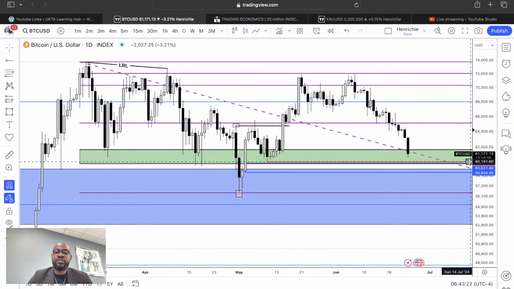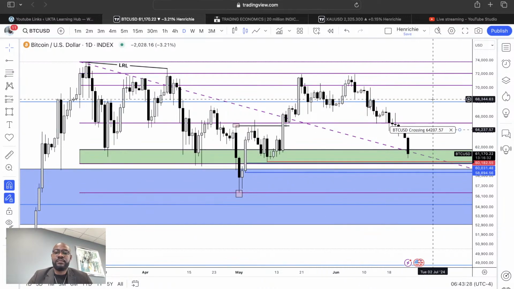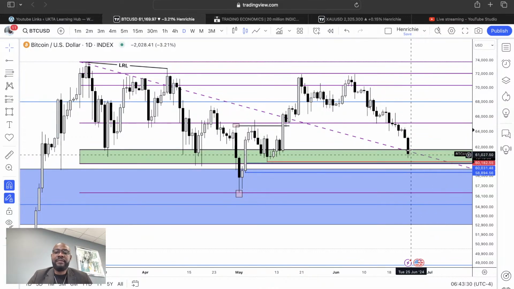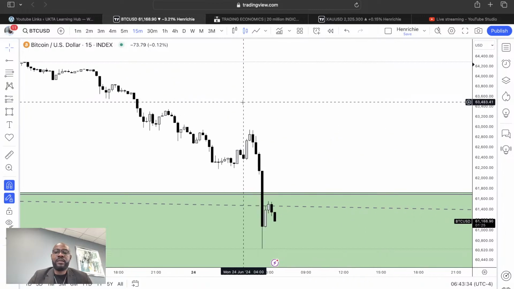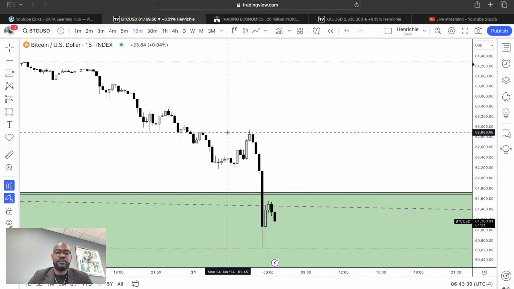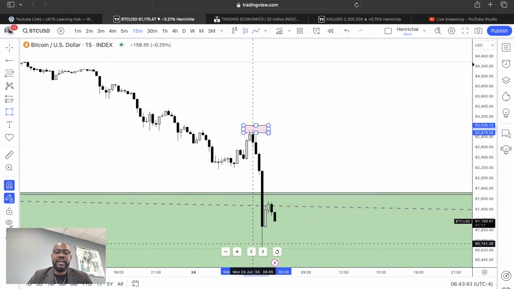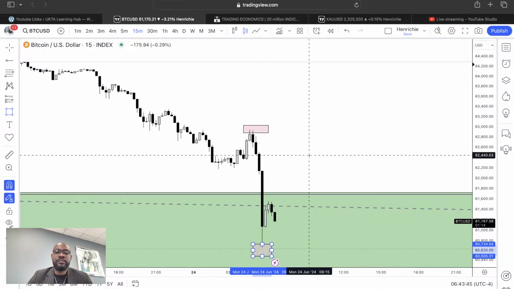A 15-minute shift in market structure will be most ideal to the upside. So right there, I'm still watching it closely. Now we'll go to the 15-minute time frame. You can see price is nicely creating structure, created a lower high and a lower low.